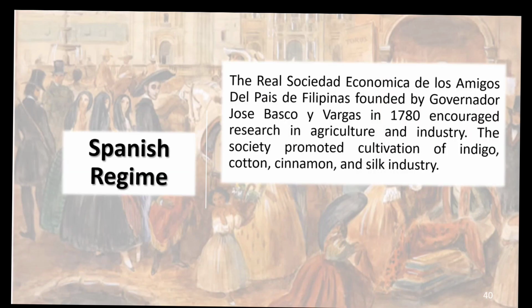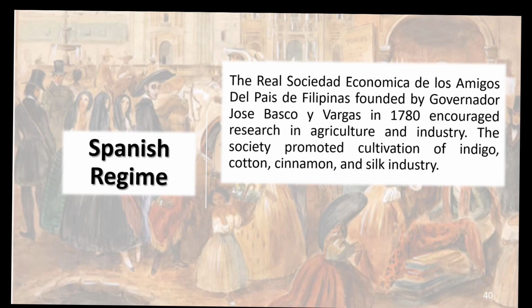Also, the Real Sociedad Económica de los Amigos del País de Filipinas was founded by Governor Jose Vasco Vargas in 1780.